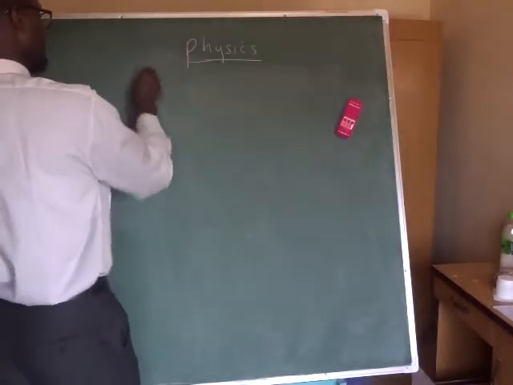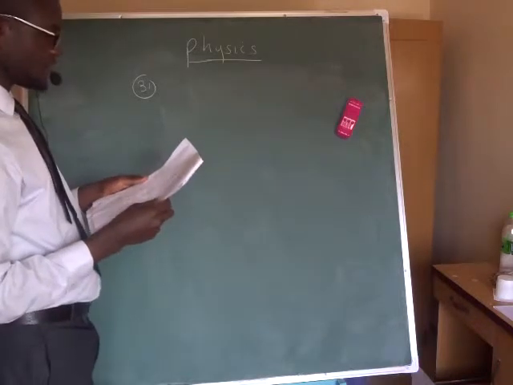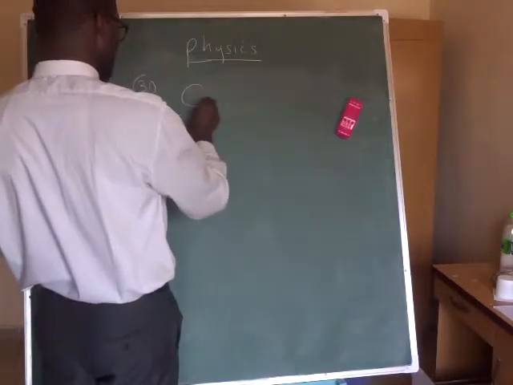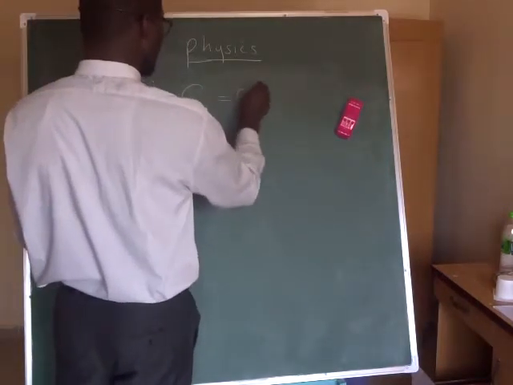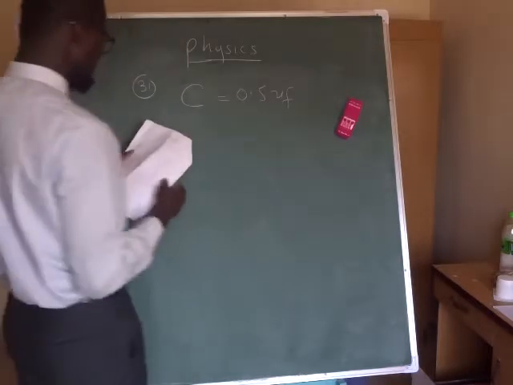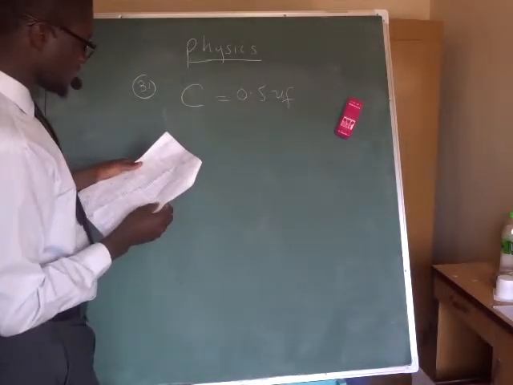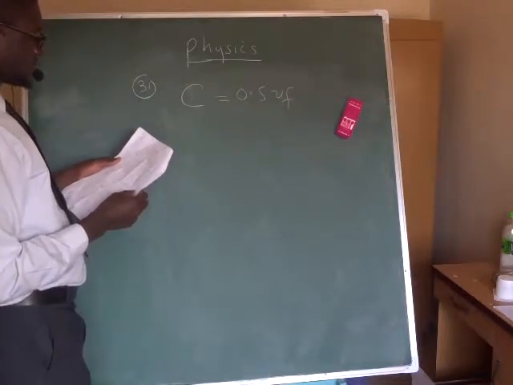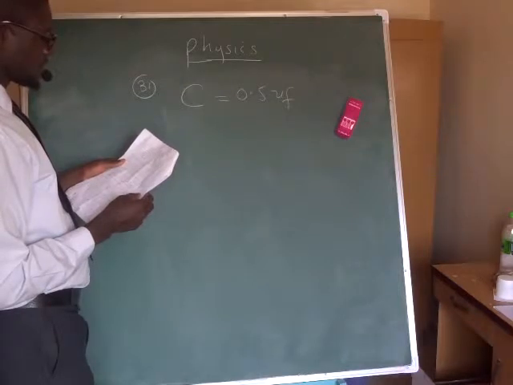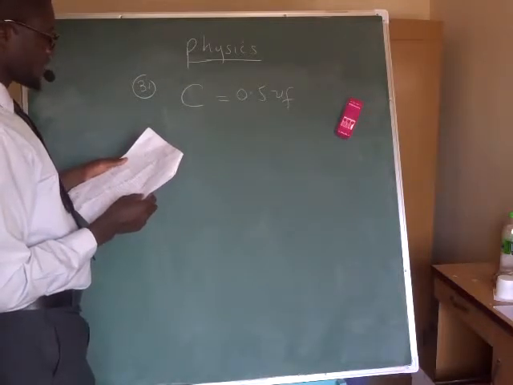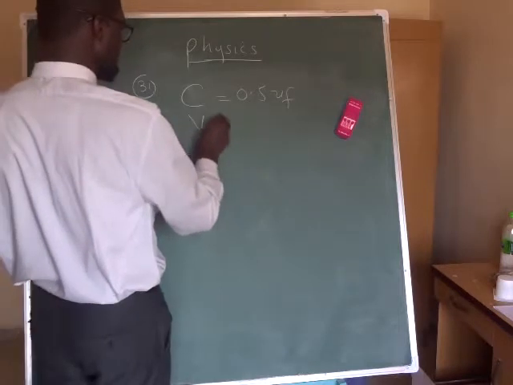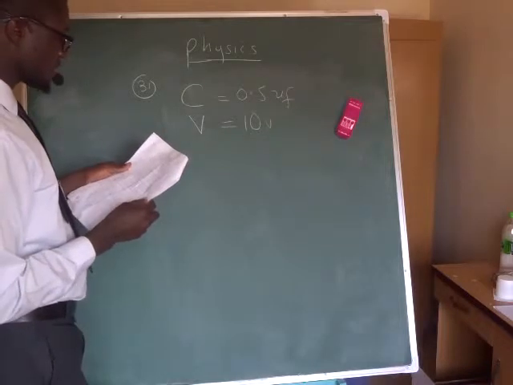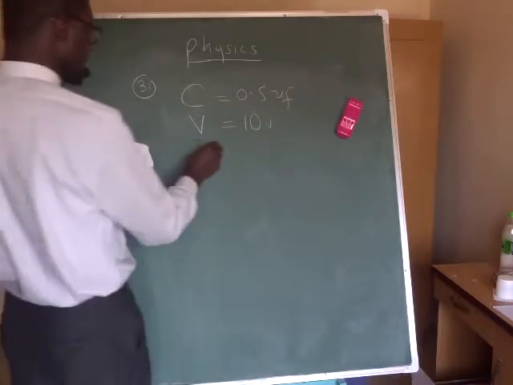It says the plates of a 0.5 microfarads uncharged capacitor are connected to a 10 volts battery. So my potential difference is 10 volts. The question says the charge on the capacitor after a long time is, we are looking for the charge on the capacitor.